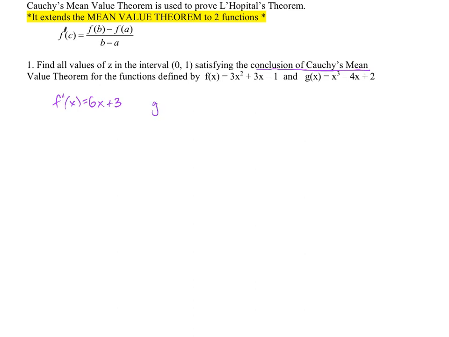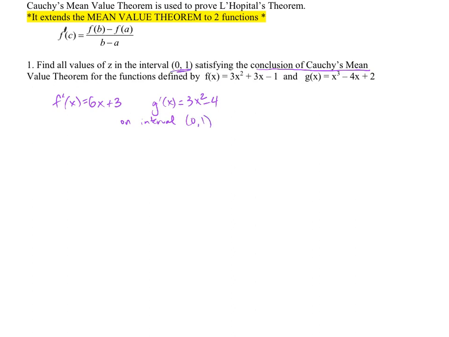And we need g prime of x, and that comes out to be 3x squared minus 4. All right, so we need this on the interval from 0 to 1, as mentioned right here.